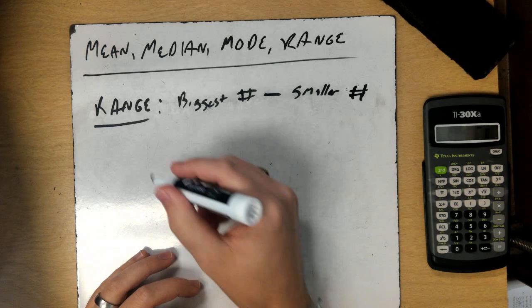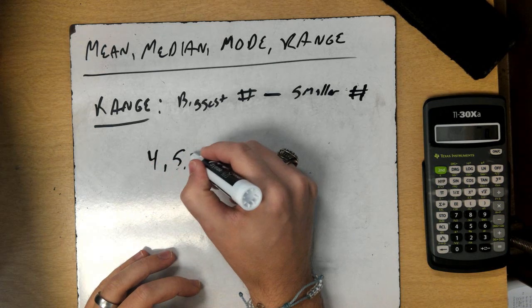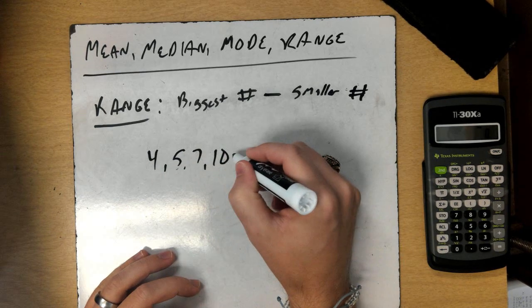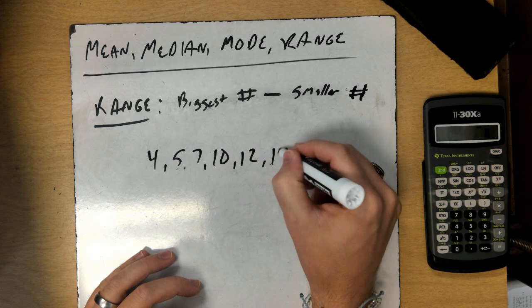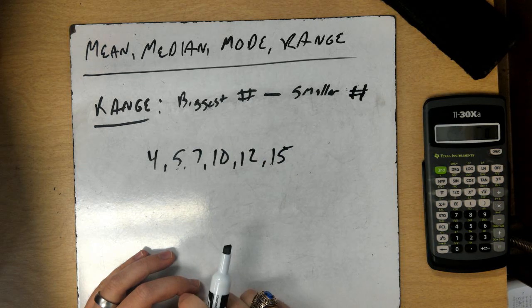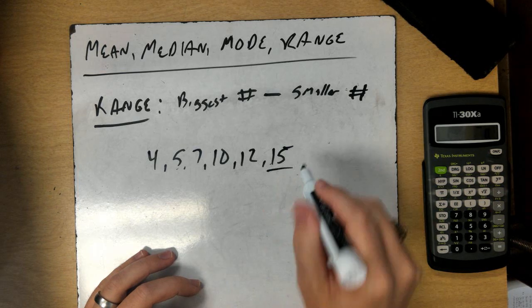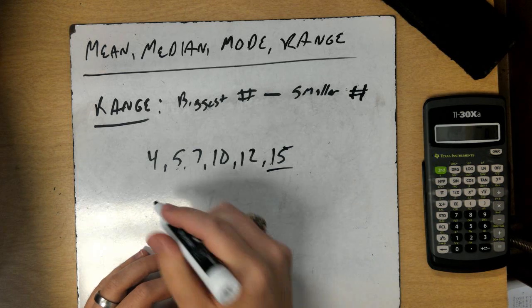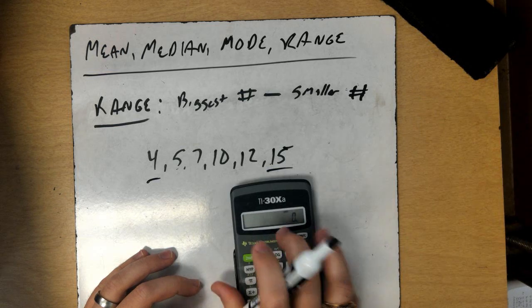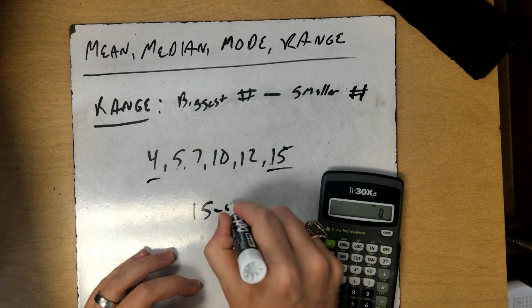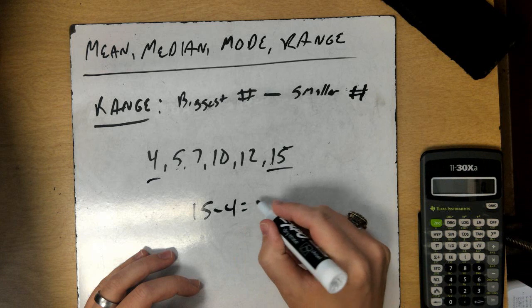So let's say we have 4, 5, 7, 10, 12, 15. Okay. So our biggest number is 15. Our smallest number is 4. So we're going to do 15 minus 4, and that's going to give us 11.